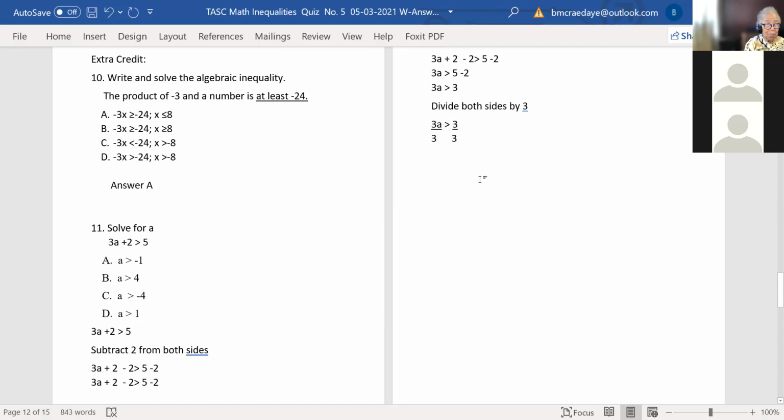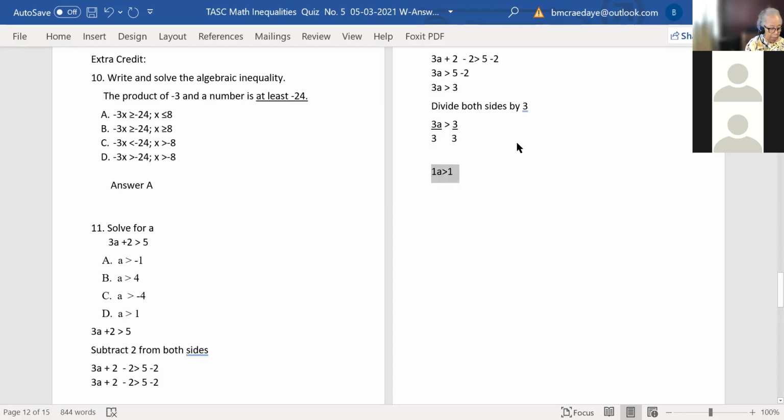What's 3 divided by 3, Maureen? 3 and 3 is 1. So that would just be 1A, or just A. And we put our greater than symbol. And what's 3 divided by 3, Maureen? 1. Okay, so 1A greater than 1, right?